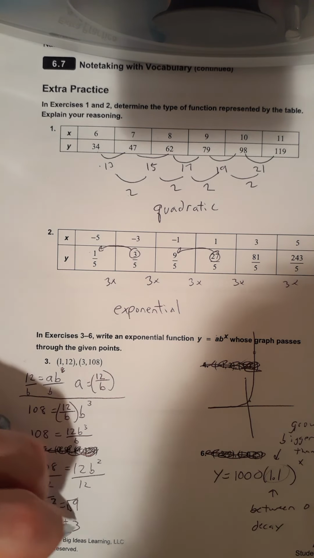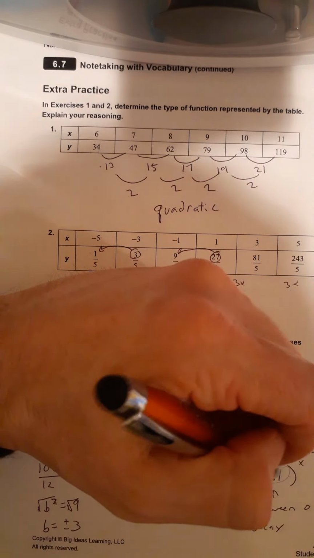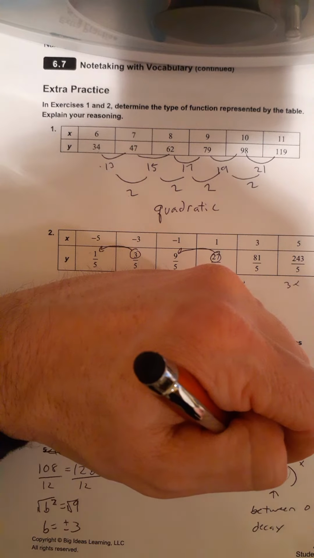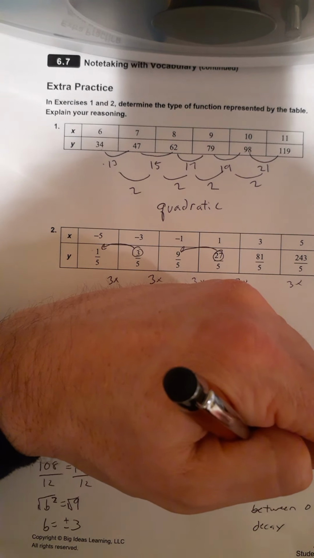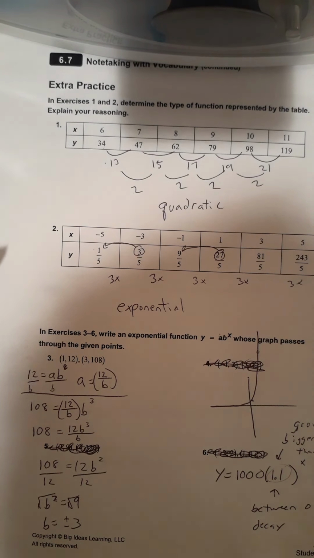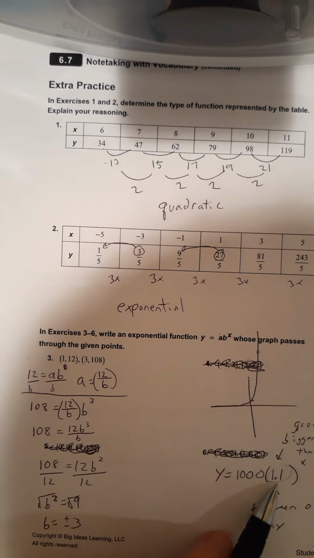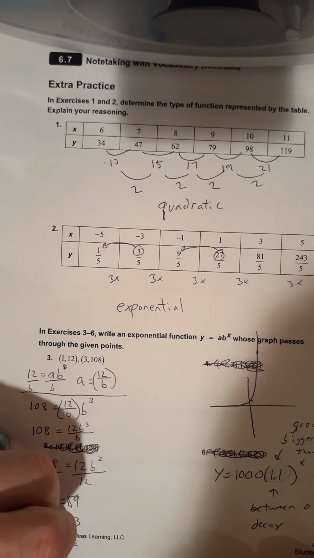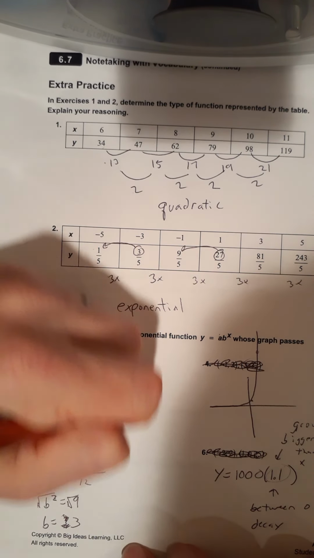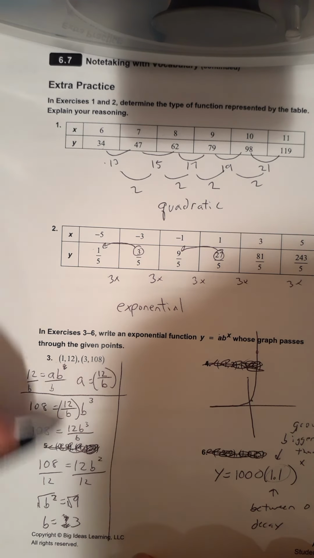If you had a B value of negative 3, that doesn't even make sense, because if the number is bigger than 1, it's growth, and if the number is between 0 and 1, it's decay. There is nothing for if it's negative, like this value is never negative there. So it's not negative 3. B is just 3. Okay, so let's get back to our problem that we're actually doing here.